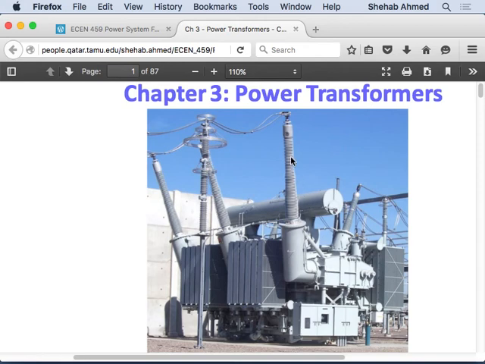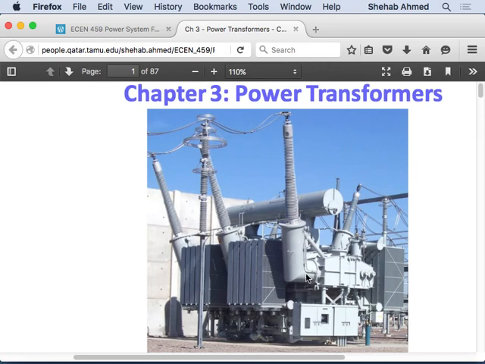So these are insulators at the input and insulators at the output of the transformer. The transformer itself, the windings and so on, you cannot see from this picture. It's inside this device. This is an oil filled transformer. There are oil filled transformers and there are dry type transformers.